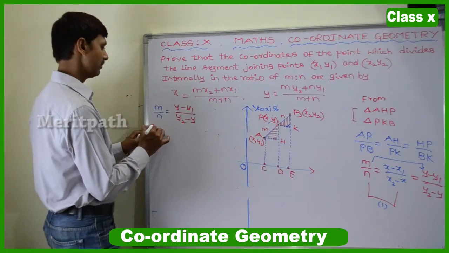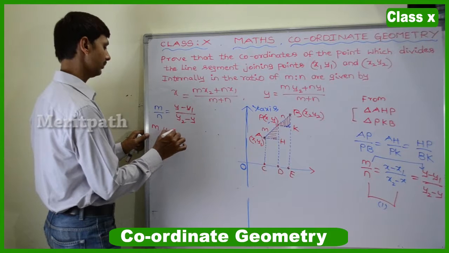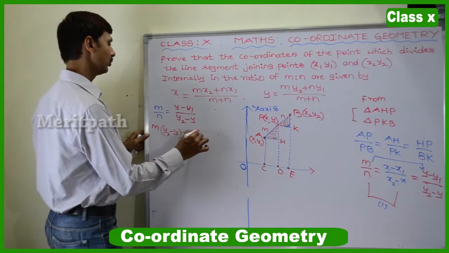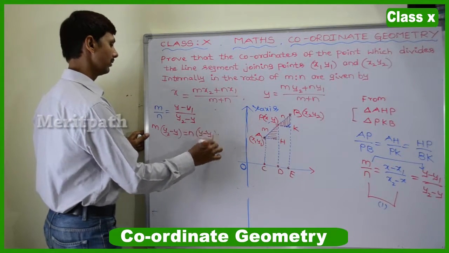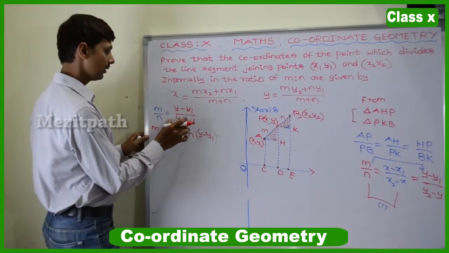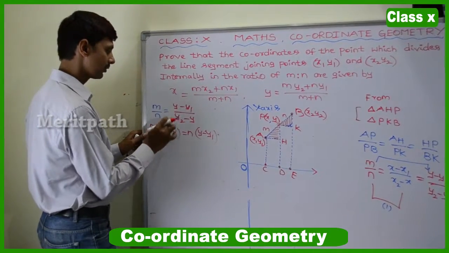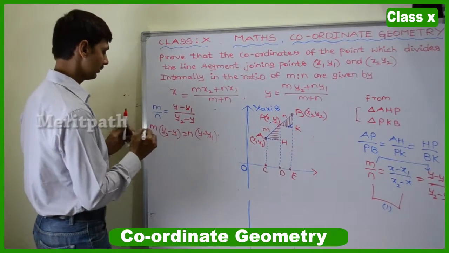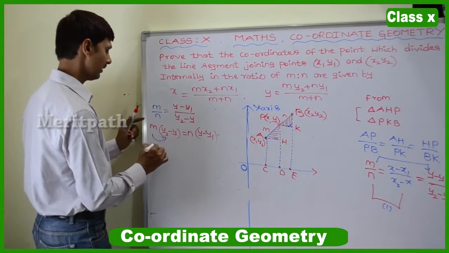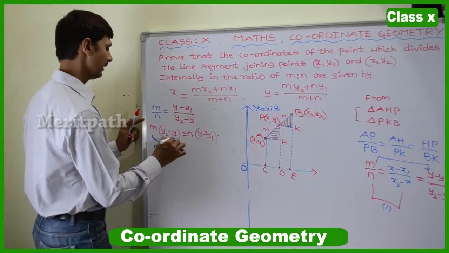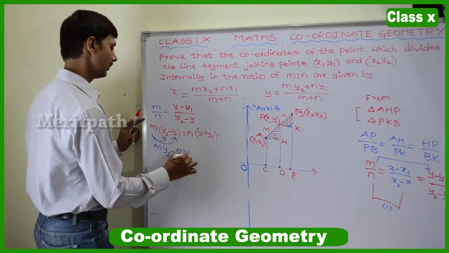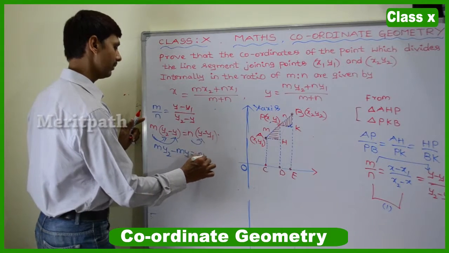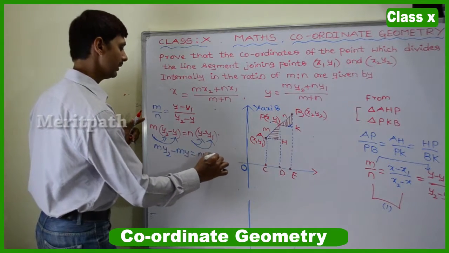Then we get m into y2 minus y is equal to n into y minus y1. Multiplying, we get my2 minus my is equal to ny minus ny1.